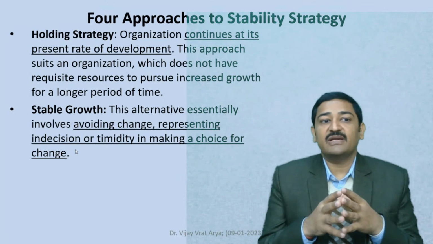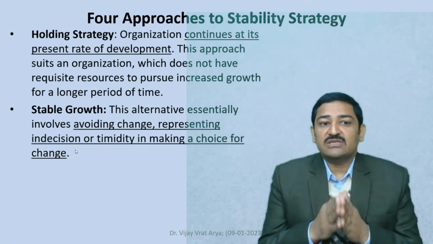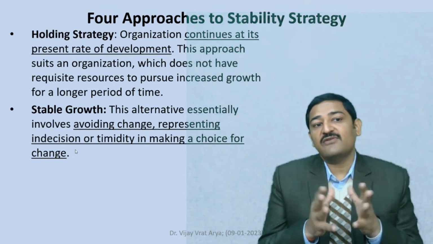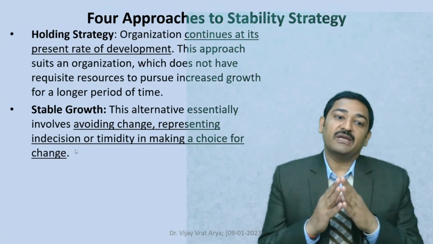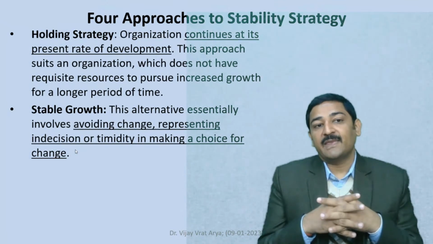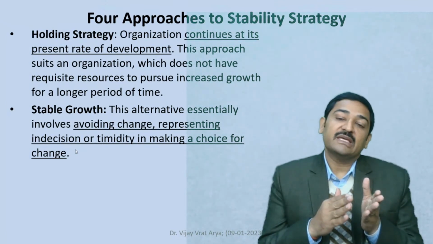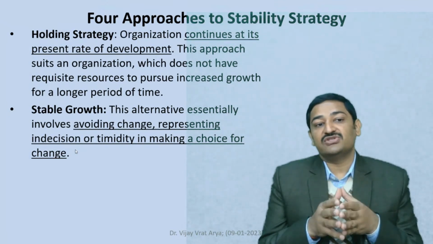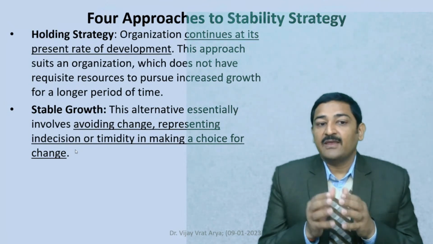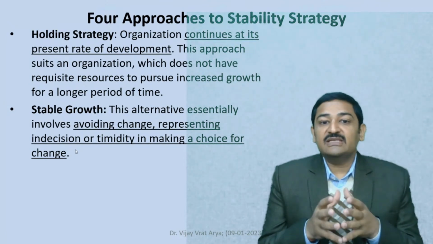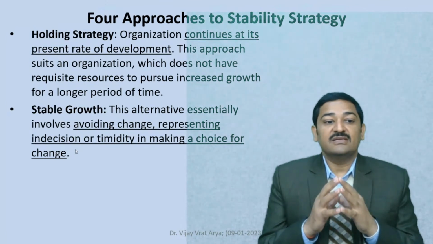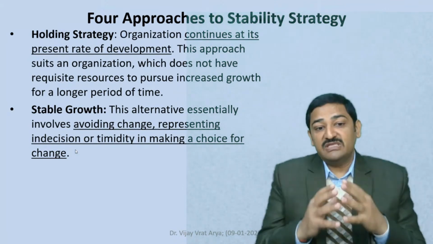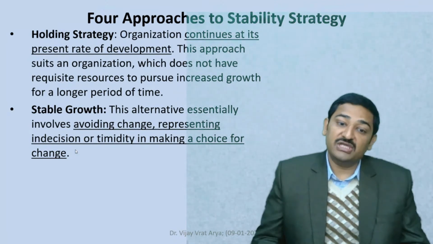This particular approach suits organizations which do not have the requisite resources to pursue increased growth for a longer period of time. The other approach towards the stability strategy is stable growth. In this, the alternative essentially involves avoiding change, representing indecision, or timidity in making a choice for change.